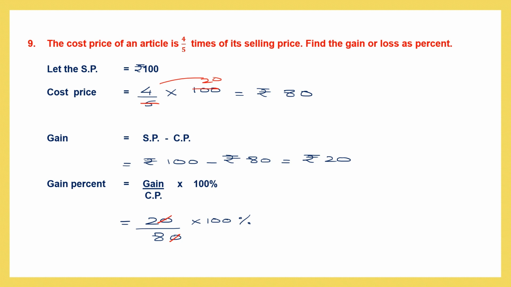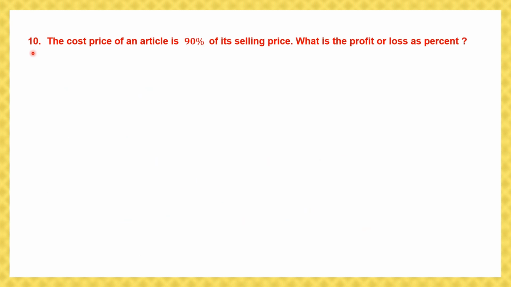I can cancel 2 and 8, 2 ones and 2 fours. And I can also cancel 4 and 100. 4 ones are 4 and 4 into 25 is 100. So 25 by 1%, which is 25%. So we have found the gain percent. We are asked to find the gain percent, and that is 25%.